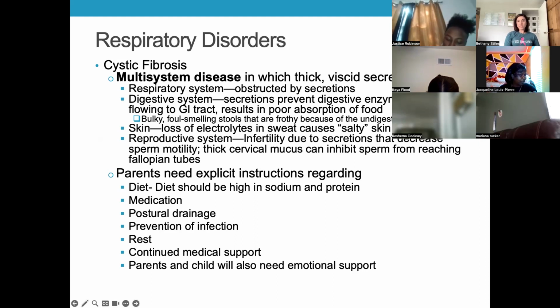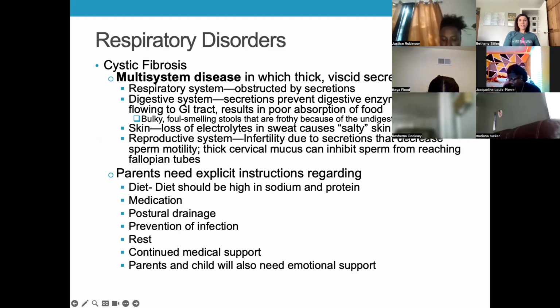Those also prevent digestive enzymes from flowing into the GI tract. So it's going to result in poor absorption of the food. You'll notice these patients will have bulky, foul-smelling stools that are sometimes frothy because of the undigested fat content.